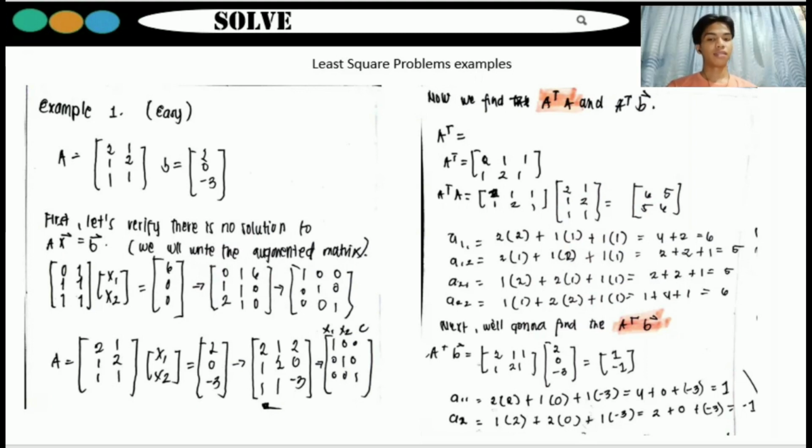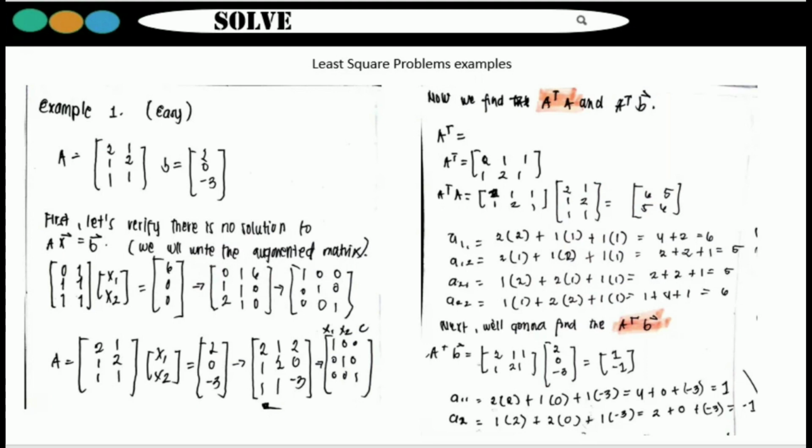So for our next step, we're going to find the A transpose times B. Since we already have our A transpose, which is 2 1 1 and 1 2 1, we will just simply multiply it by our B, which is 2 0 negative 3. After we multiply that, we get 1 and negative 1.